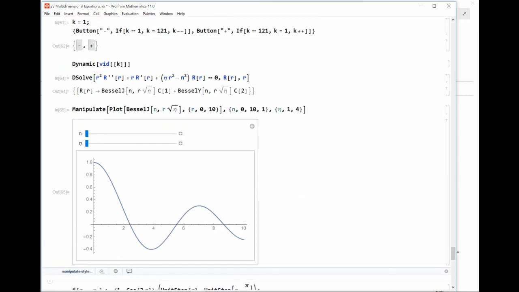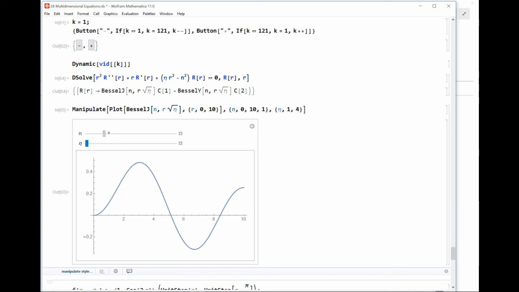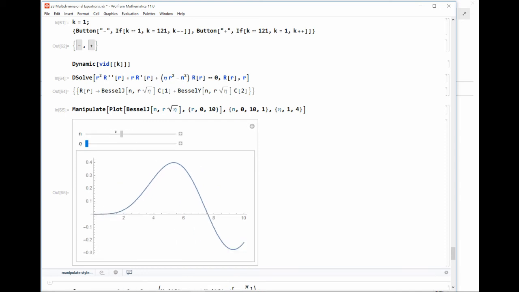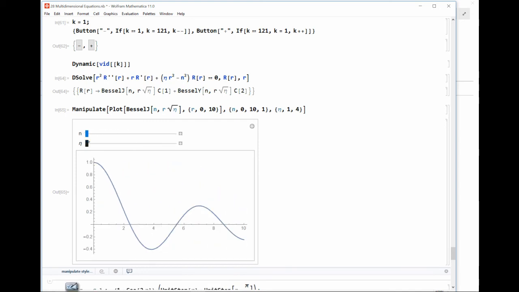So the Bessel function is a wave-like function. If I change n, it changes the type of the Bessel function. If I change eta, it acts as a scaling coefficient. And you see that for certain parameters of eta, I can get it to be 0 at the end. So this is how we can figure out eta.